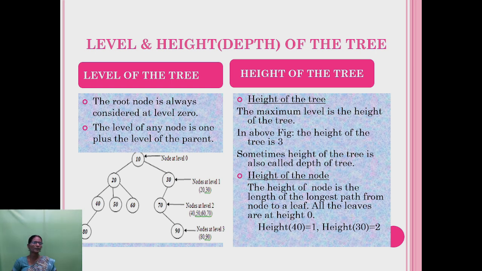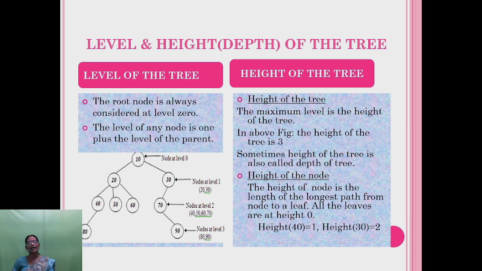The height of 40 is only 1, because it has only 80. So this way you write it. That means 80 and 90 have height 0, and 40, 50, 60, 70 have height 1, and 20 and 30 have height 2, and 10 has height 3. This is how we refer to it.